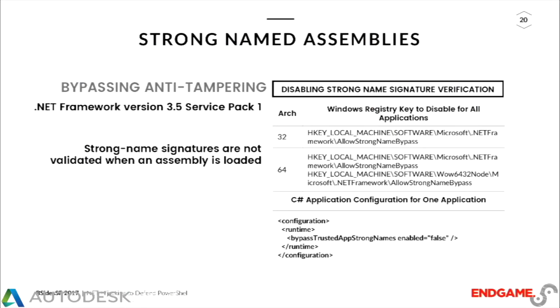All right, so back in 2009, it was discovered that in the .NET Framework 3.5 Service Pack 1, you can actually bypass the strong name anti-tampering by just placing that into the folder location of the GAC, right?